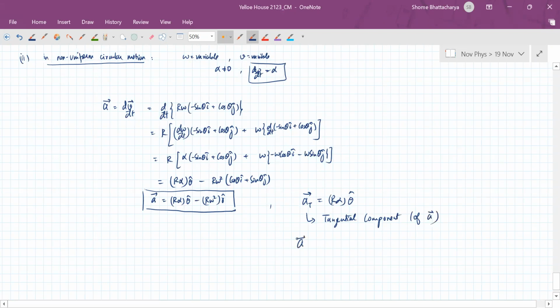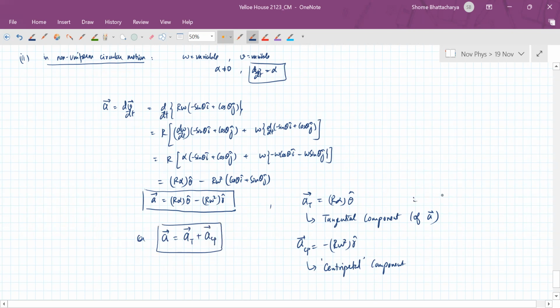And the other one is called the centripetal component of acceleration. So acceleration is the vector sum of these two components. So magnitude of tangential acceleration is r alpha.